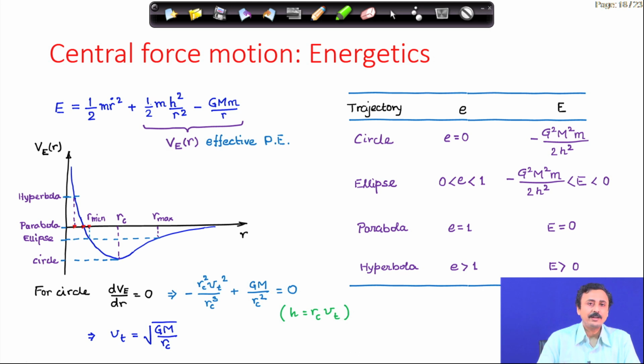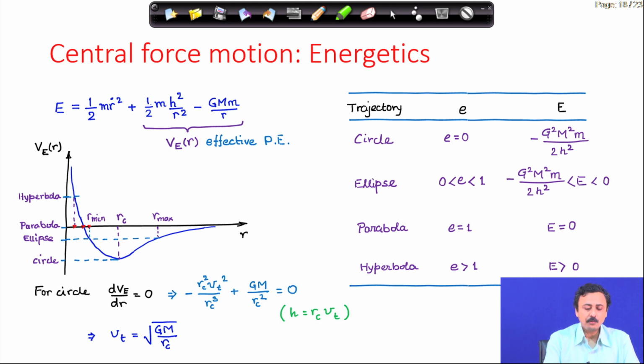That means at r equal to r min, this effective potential energy is the total energy of the particle, and because that is constant, it is true for any other value of theta and any other value of r on that trajectory. Therefore, this effective potential energy actually gives us the total mechanical energy of a particle in a certain path.